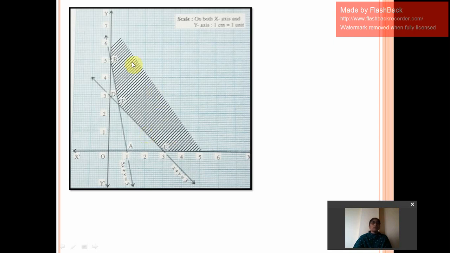The outer whole region is the feasible region. Let P be the point of intersection of these two lines. The feasible region is X, C, P, B, Y. The outer portion is the feasible region.